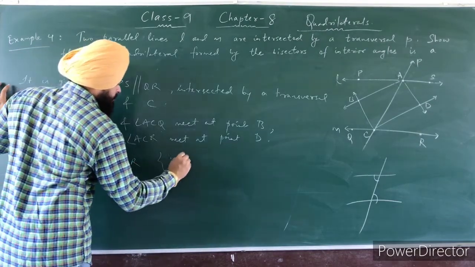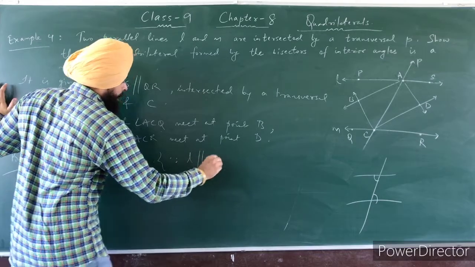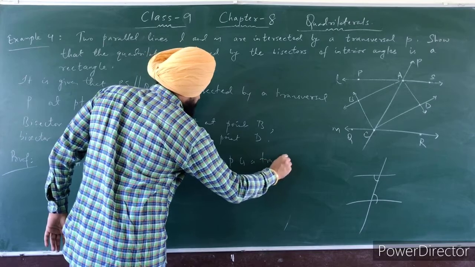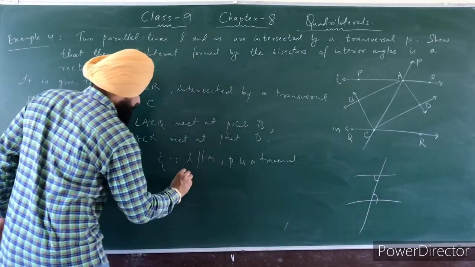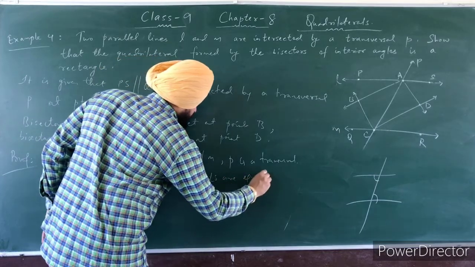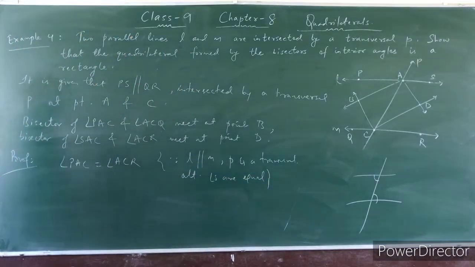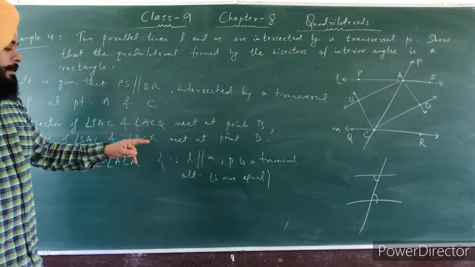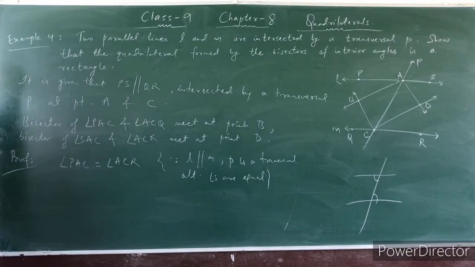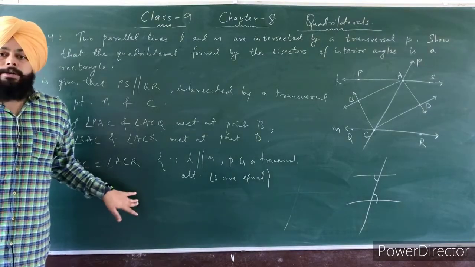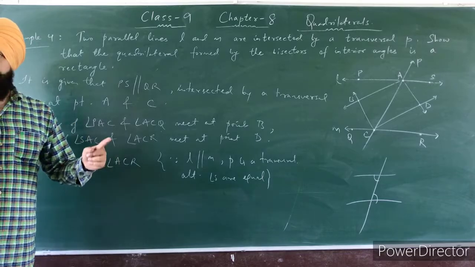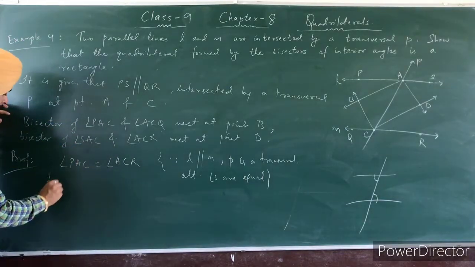Since L is parallel to M and P is a transversal, therefore alternate angles are equal. So now you have to multiply both sides by 1 by 2.